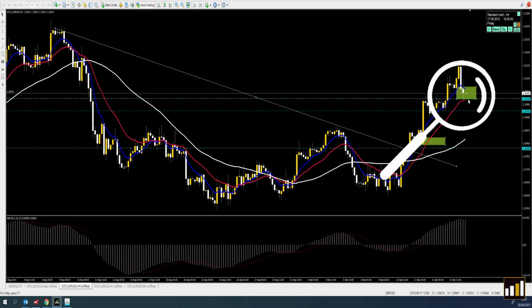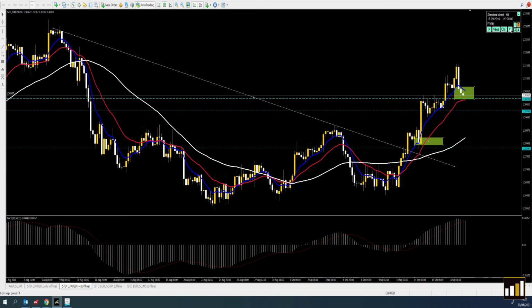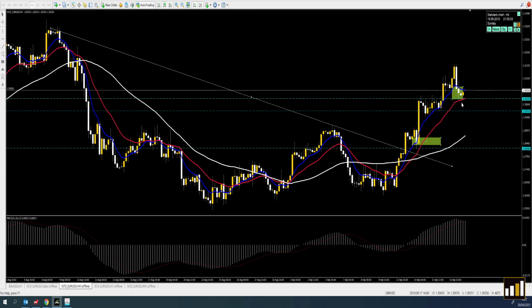So we are nicely inside the zone now, and we've touched the support area. Resistance turned into support here, and we're in the zone. So it's a good idea to start pulling the trigger here and trying to get a nice long opportunity there. Your stop is just below the swing low in this case.